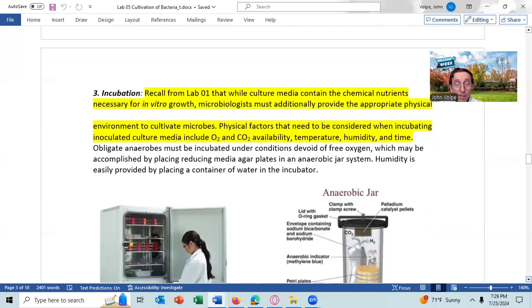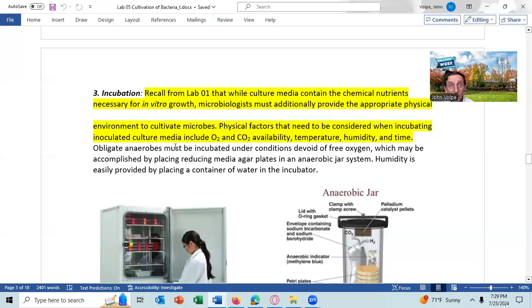All right, so in the steps for what a microbiologist does when they're trying to culture something that comes from a clinical specimen, they will put it in an incubator. That's called incubation, where you put the cells on a culture media to get the cells to grow.